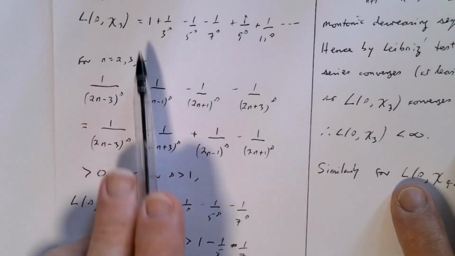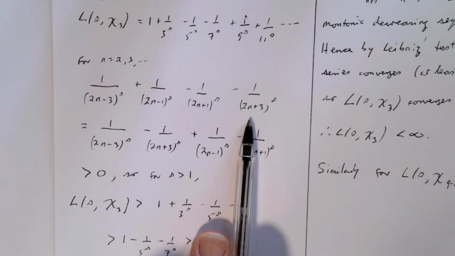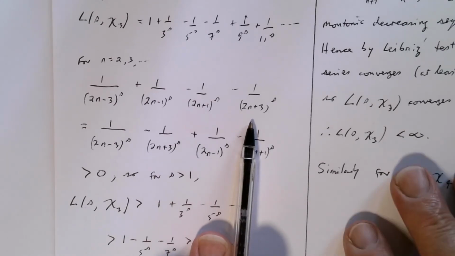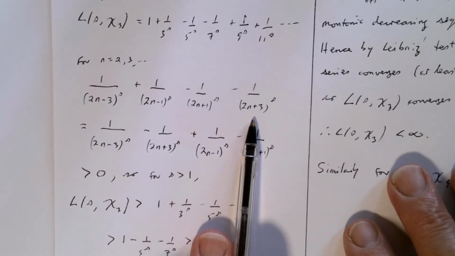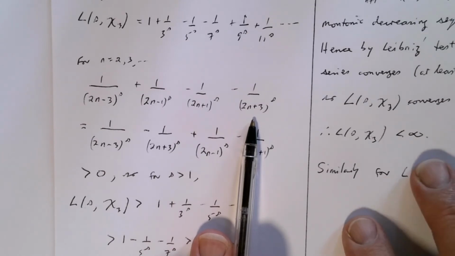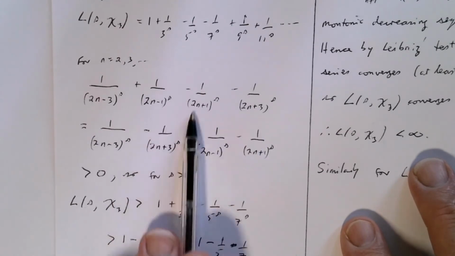So I'm just taking 4 of these terms, and I'm going to rearrange them slightly. So once again, all of these infinite series for s bigger than 1 converge absolutely, so rearranging the order is okay. So I'm going to take this one minus this one, and then plus this one minus that one.